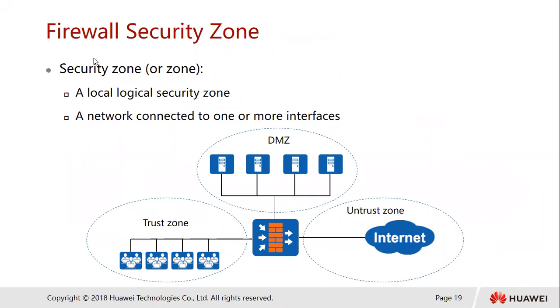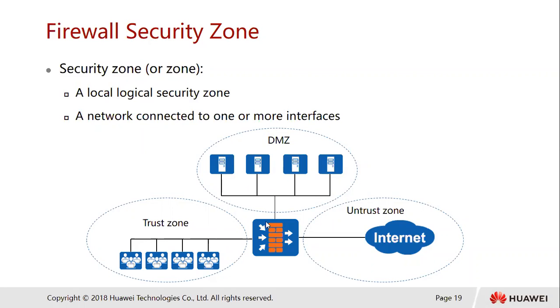Firewall zone. So a security zone is a local logical security zone, or a network connected to one or more interfaces. So what we do on a firewall is to divide it into zones. So we can have the trust zone here, the untrust zone here, and the DMZ.